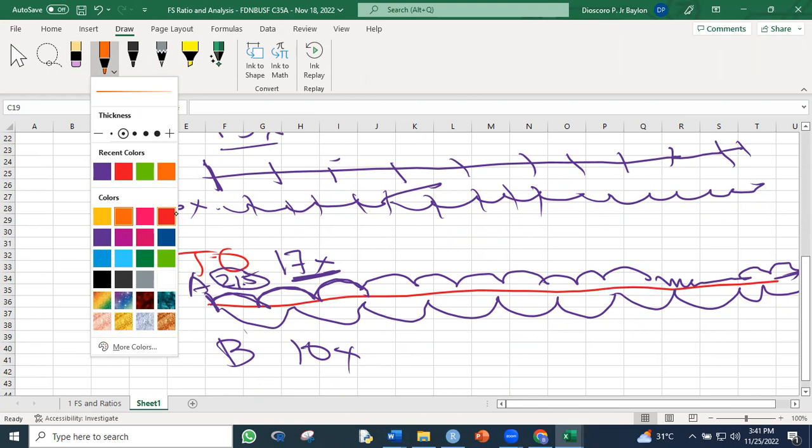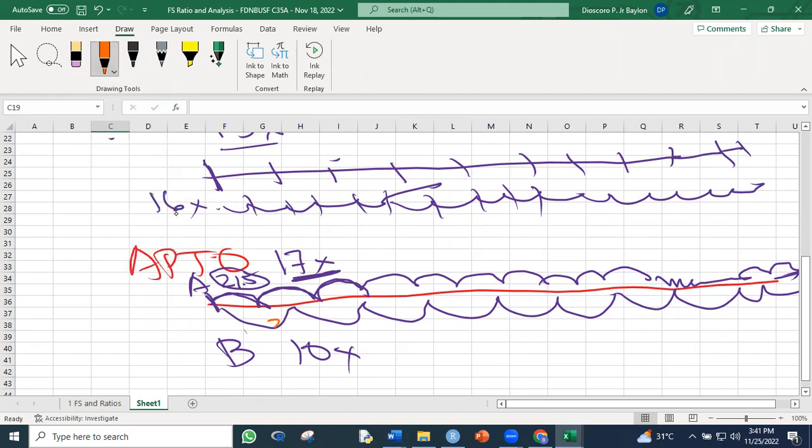How many days? The days payable outstanding, of course, is measured in days. So this, on the other hand, is 36 days. So each of these is 36, this one is 36, 36, etc.